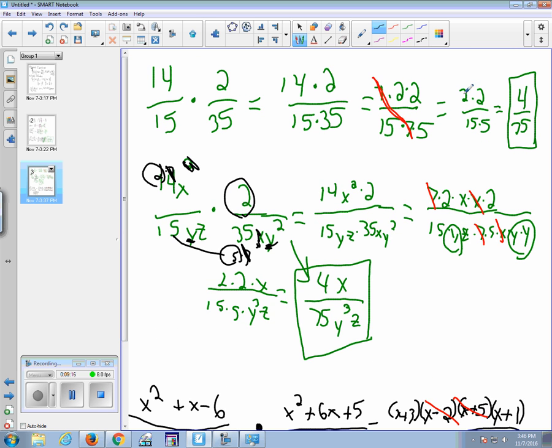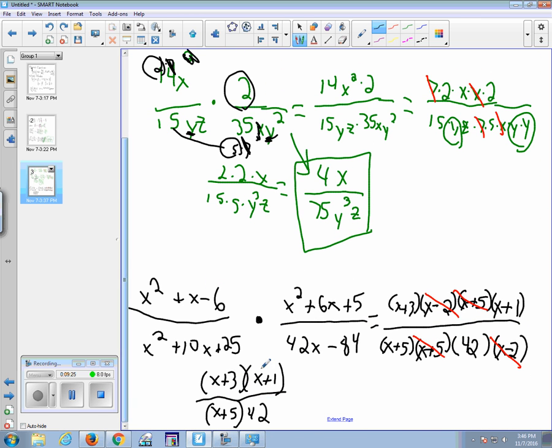Do we leave our answer as a product divided by another product? Of course not. We multiplied. Same thing here. This is not our final answer. The computer may accept that, but that's sloppy and lazy. We simplify with no parentheses. X times x, outer 1x, inner 3x, 1x plus 3x, and last 3 times 1, 3.